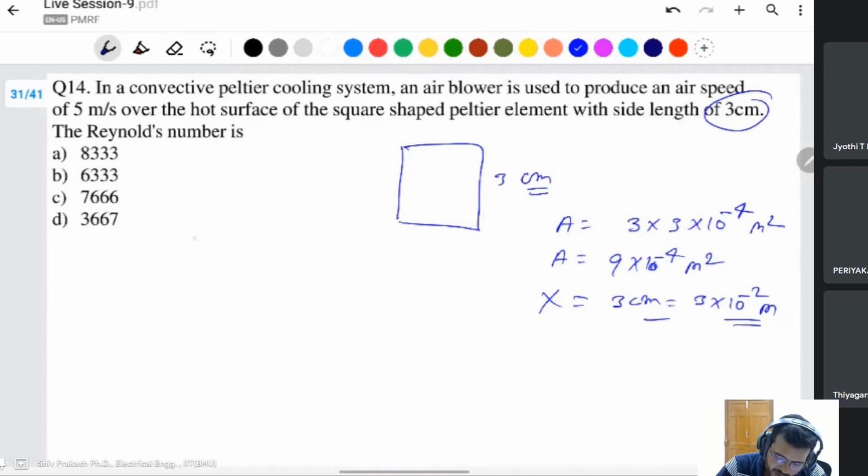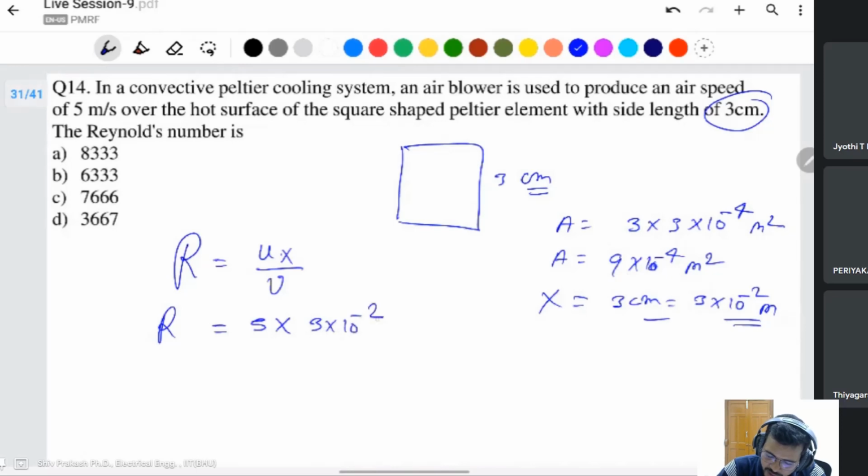Then what is the Reynolds number? Reynolds number is U X divided by nu. U is 5 meter per second, X is 3 into 10 to the power minus 2 meter.